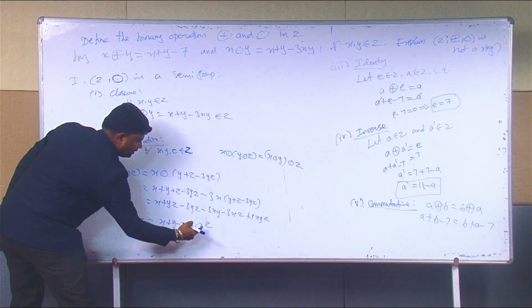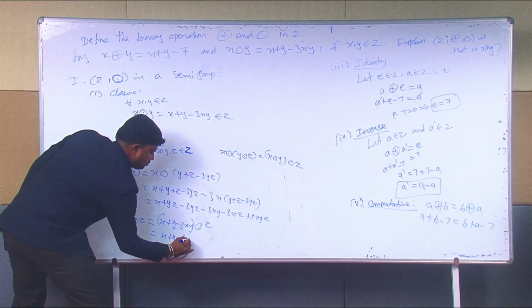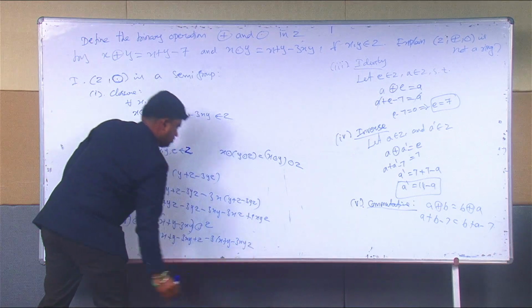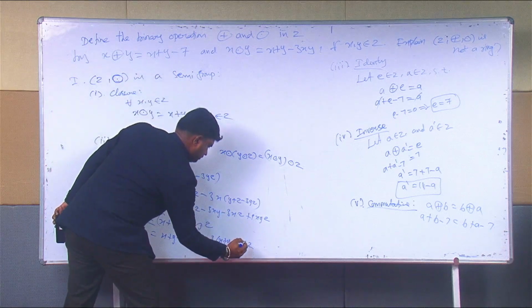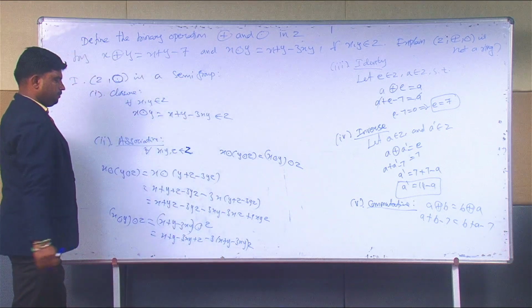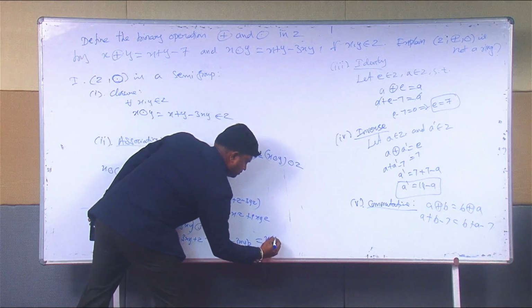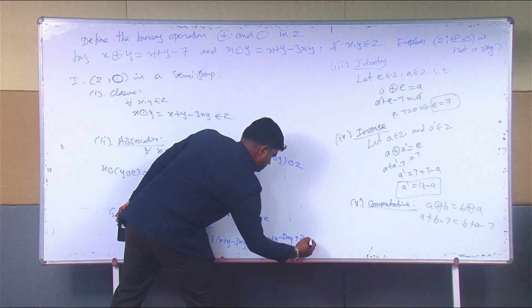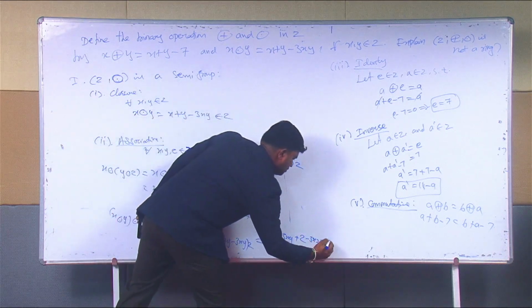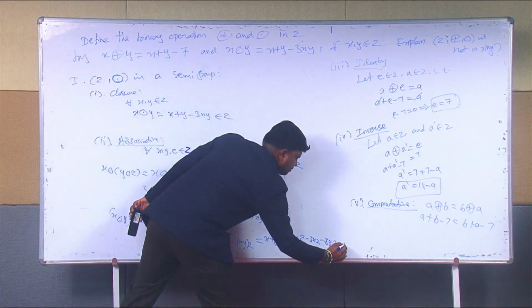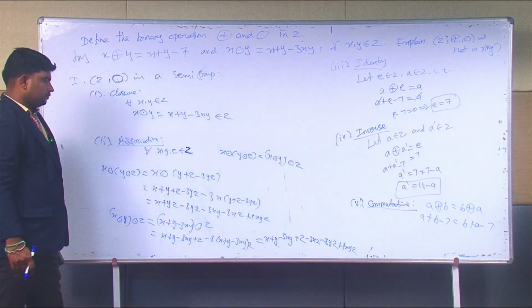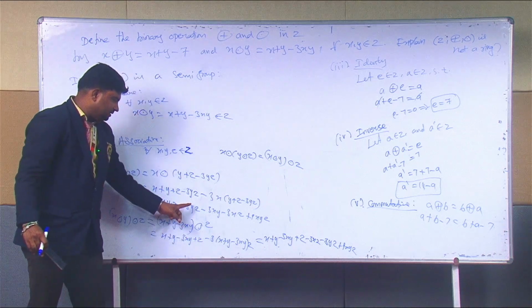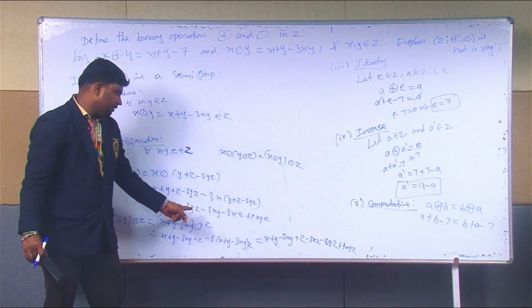Again implement multiplication modulo for these integers. The same elements: x plus y plus z minus 3xy minus 3xz, same element 9xyz.